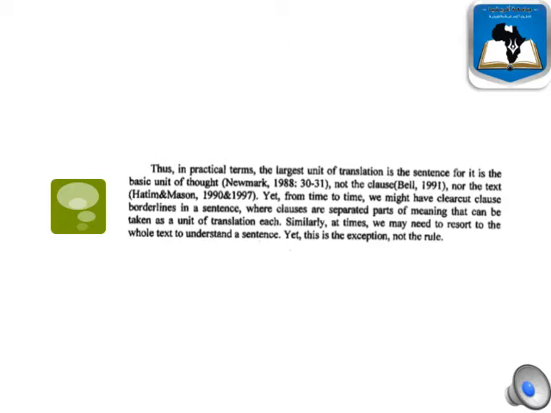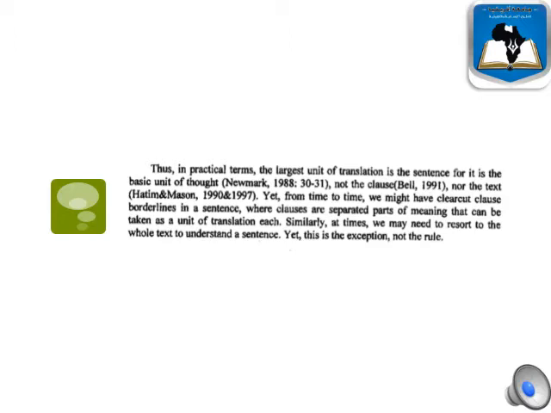In practical terms, the largest unit of translation is the sentence, for it's the basic unit of thought. This was said by Newmark. So when we do it word for word, we may not get the whole meaning of a sentence.